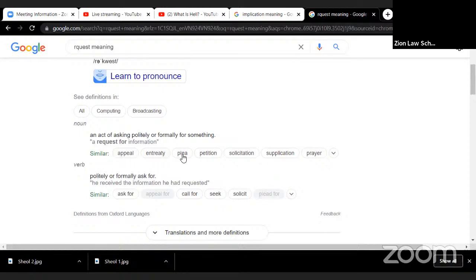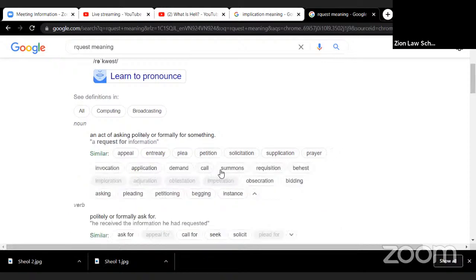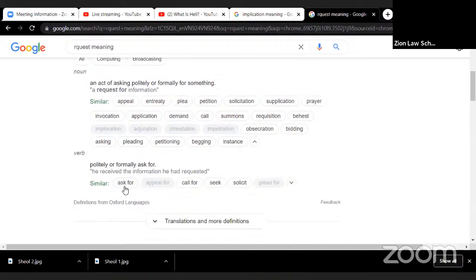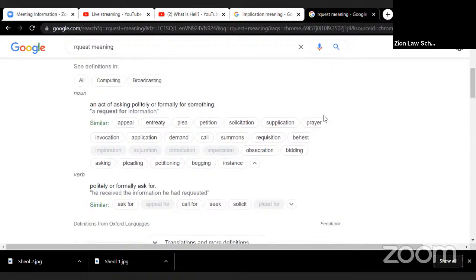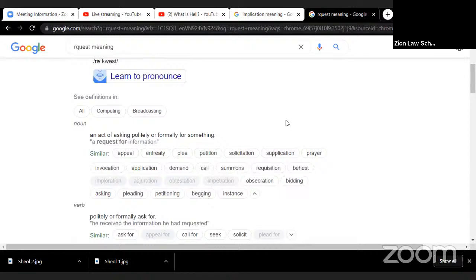The similar is appeal, plea, petition, solicitation, prayer, application, demand, call, summons, bidding. And as a verb, call, seek, solicit. All right, so that's the meaning, to request.